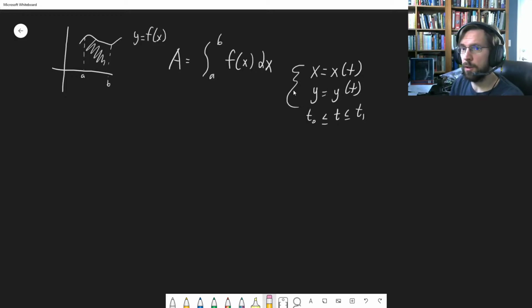Suppose we have a parametric curve, x equals x of t and y equals y of t, between two points t0 and t1. Just for simplicity, right here is when t is t0, and right here is when t is t1, and we're going in that direction.